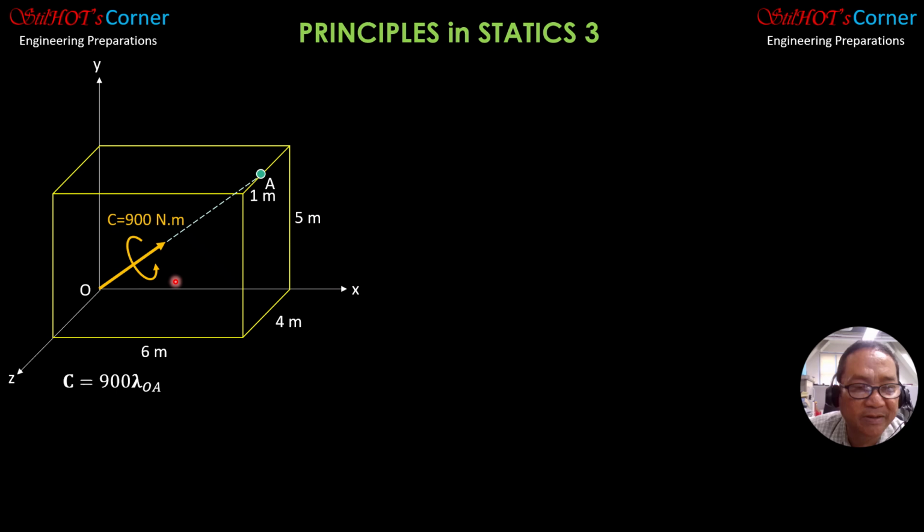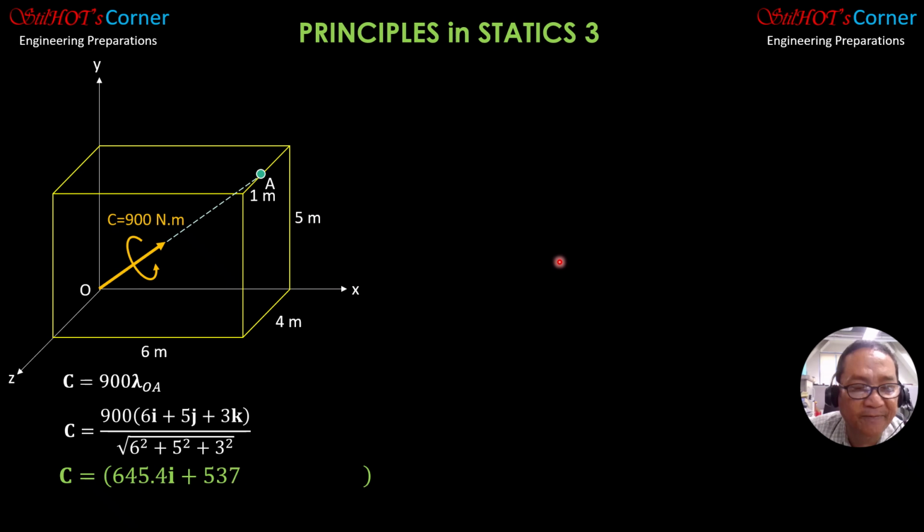So the couple is 900 times 6i plus 5j plus 3k divided by the square root of 6 squared plus 5 squared plus 3 squared, which is the magnitude of that axis vector. Using the calculator, C is 645.4i plus 537.9j plus 322.7k Newton meter.